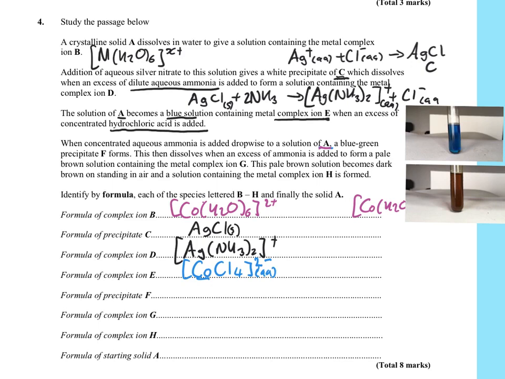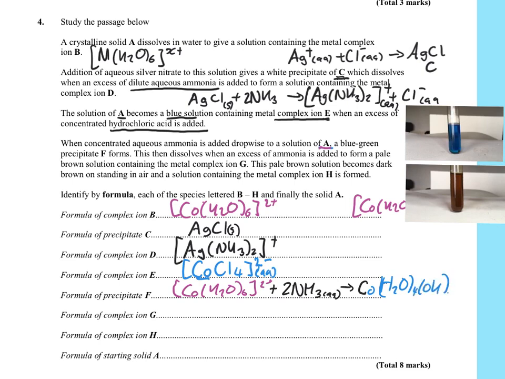Let's write an equation for the formula of precipitate F before we deduce its formula. So that's [Co(H2O)6]2+. We then add some ammonia solution, and initially the ammonia behaves as a base because we see a precipitate, and therefore the blue-green precipitate has to be the Co(H2O)4(OH)2.